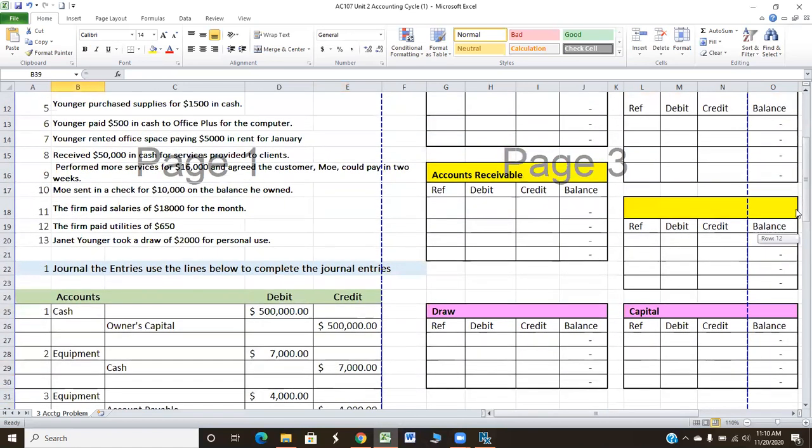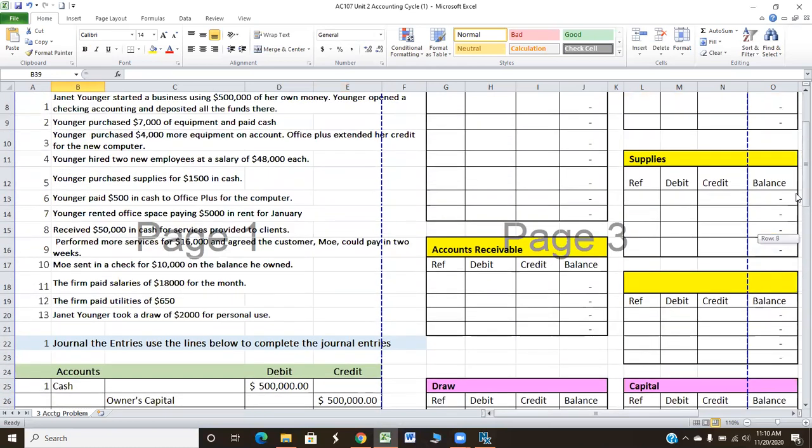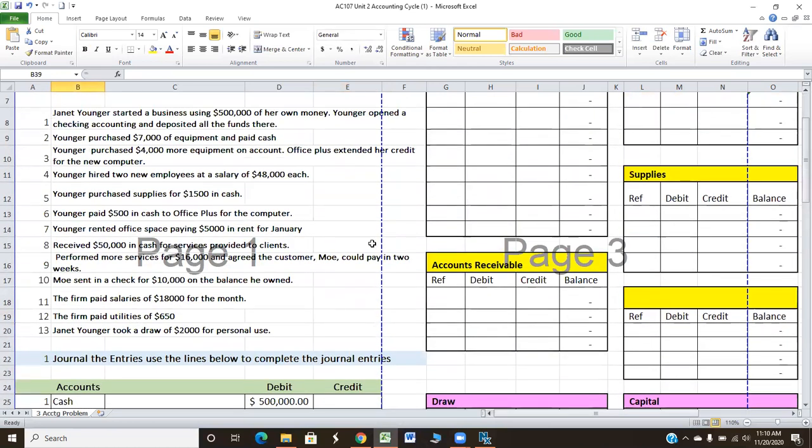Number 6, Younger paid $500 in cash to Office Plus for the computer. So this is where you've got to look. On transaction 3, we purchased $4,000 of equipment from Office Plus, and they extended us credit. So now in number 6, we're paying $500 in cash to Office Plus for the computer.